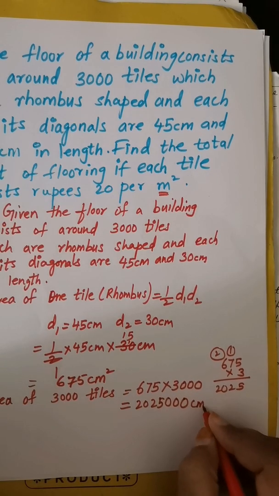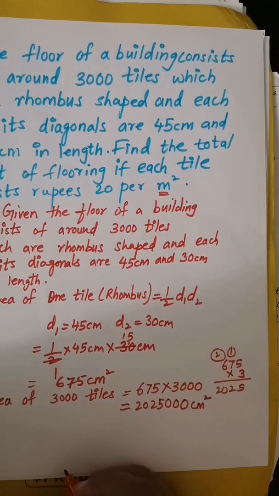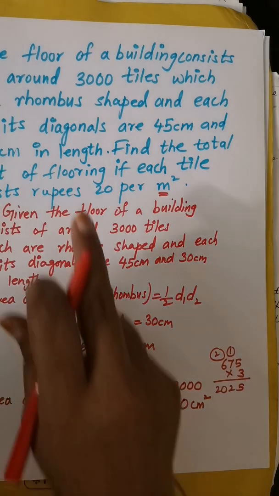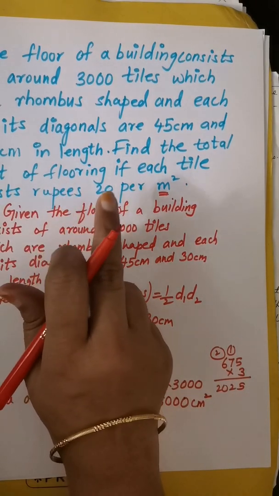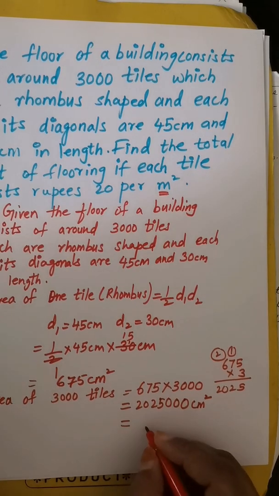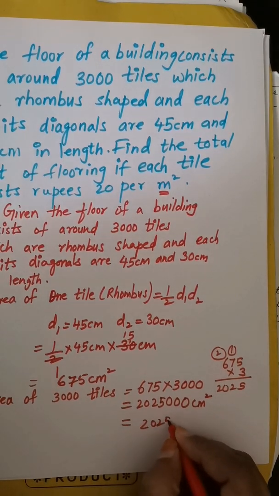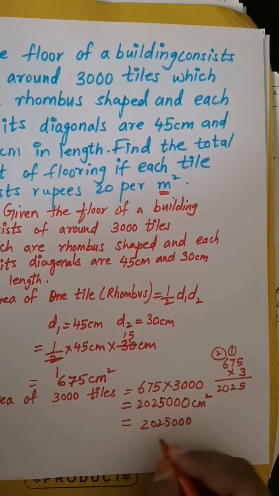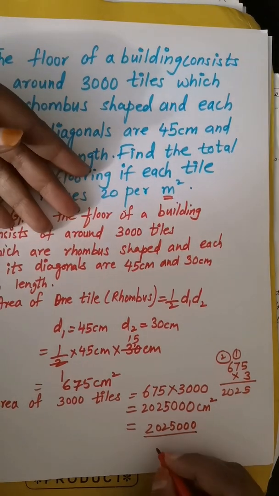This is centimeter square, but we have to convert it into meter square because the cost of 1 meter square is 20 rupees. To convert it into meter square we have to divide it with 10,000.